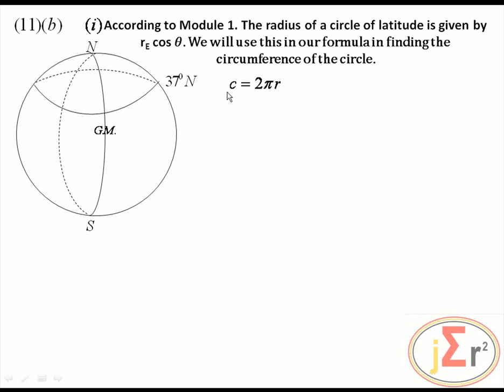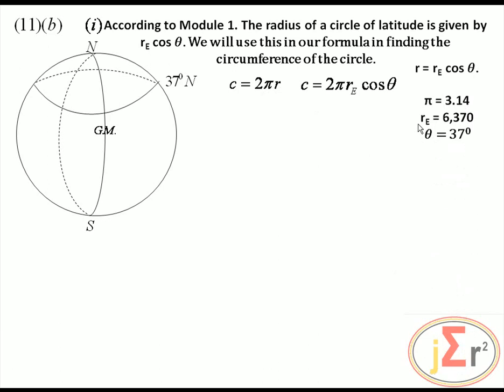So the length of the circle of latitude will be 2 times 3.14 times the radius of the earth times cosine of the angle of latitude. Now, pi is 3.14.